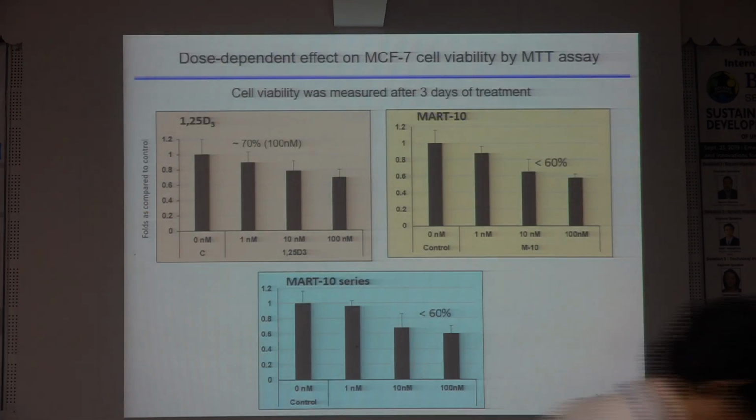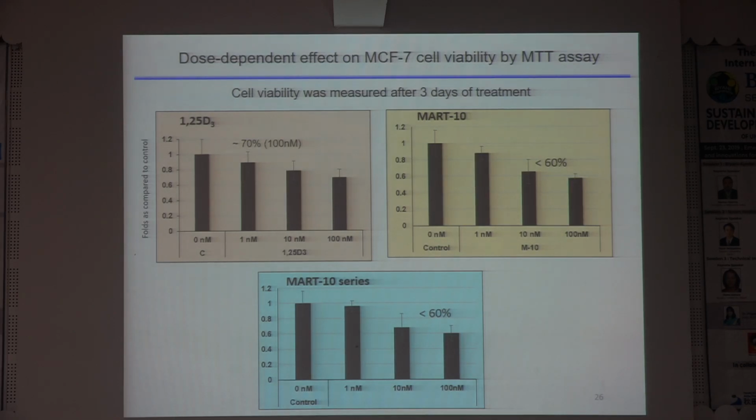We further investigated the MART10 series anti-cancer properties, and we checked the cell viability in the breast cancer cell line, and we found that the MART10 series decreased the cell viability in the MCF cell line significantly compared to the 1,25 D3, and it is also, however, comparable to the MART10.